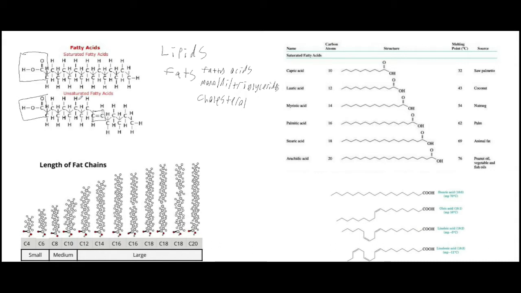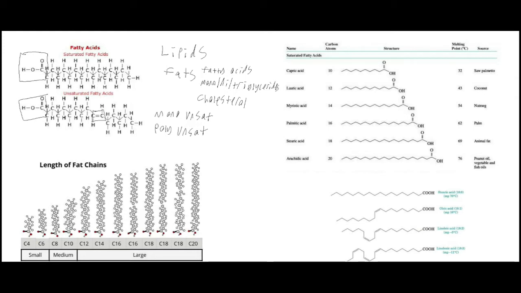It can have multiple double bonds: monounsaturated, I'll just call it monounsat, has a single double bond, and polyunsaturated has more than one double bond. And that will give these different physical properties.